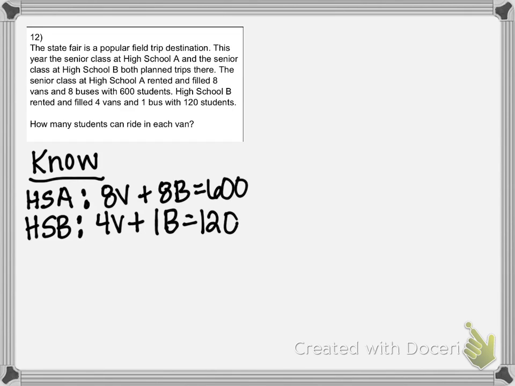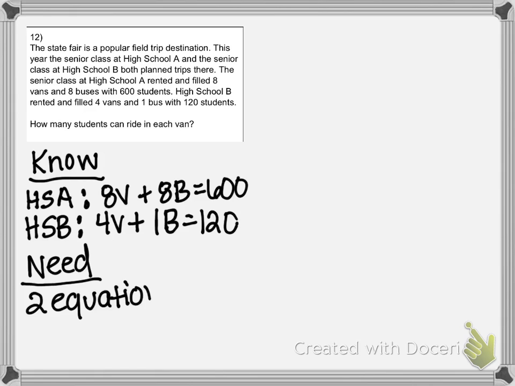So really, through that information, we kind of already wrote the equations for this. So what do we need? Well, we need the 2 equations. We need to finalize those. And we also need to figure out how many students can ride in a van. So we want to know how many students can ride in one van.